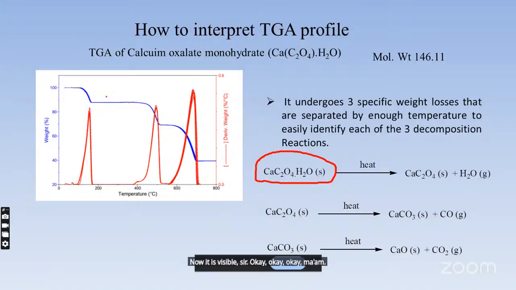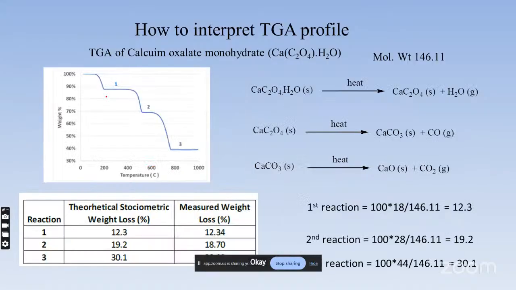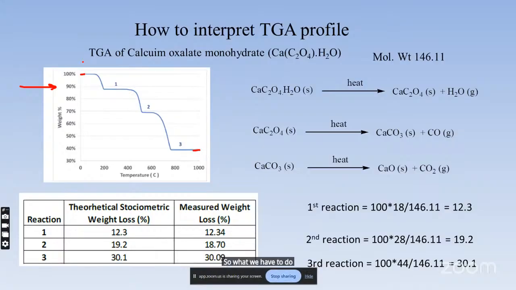So what we get from TG-DTA, we get this kind of profile. We get that the initial weight is 100 and at last some weight is reduced. So what we have to do is get from the profile how much weight is lost.